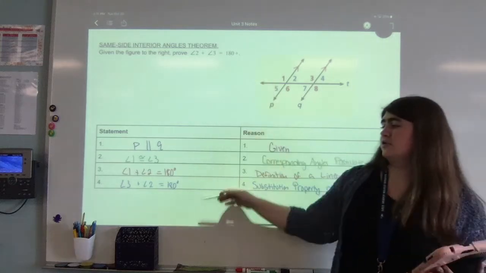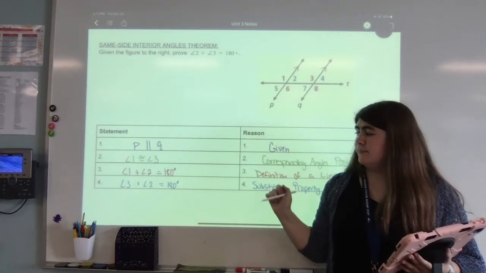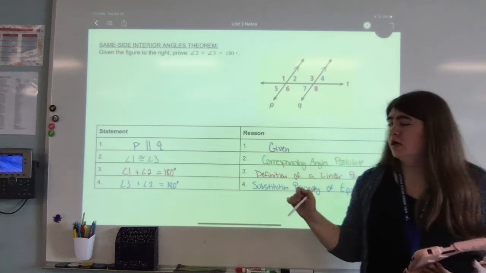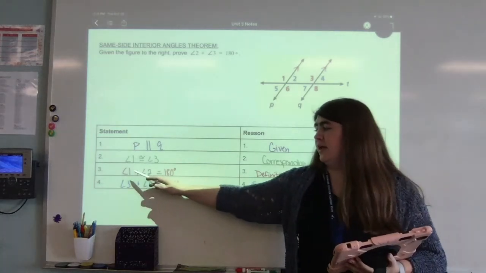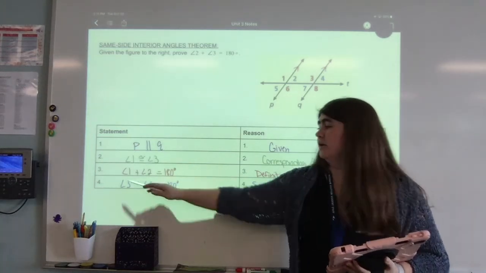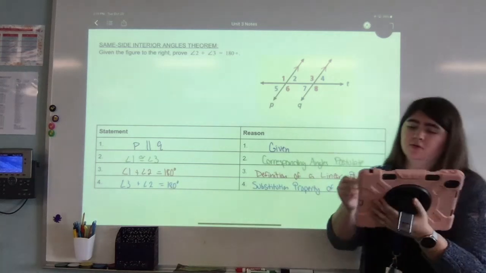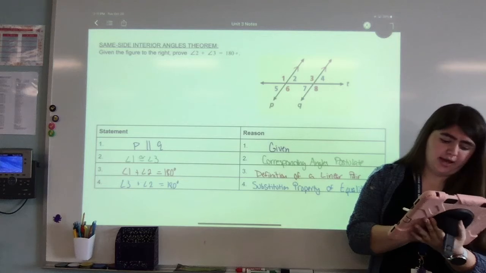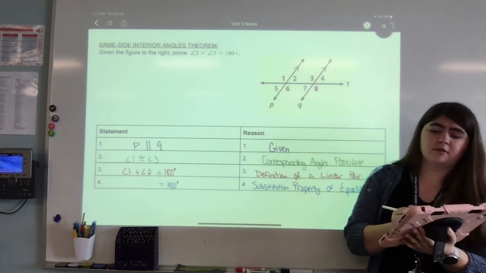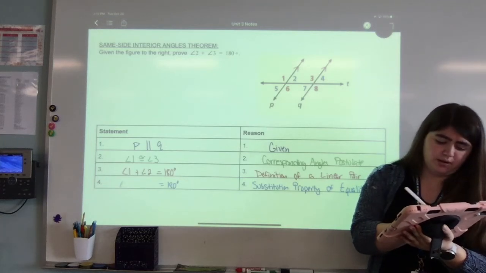And these two things are the same. It might be a little bit better for you if you were to rewrite this. So instead of saying angle 1 plus angle 2, you could say angle 2 plus angle 1. And then when you're replacing it, it will be in the same order. So I am going to just go ahead and switch the order of those things so that it lines up, but it doesn't really matter.